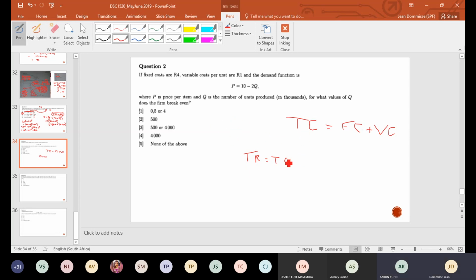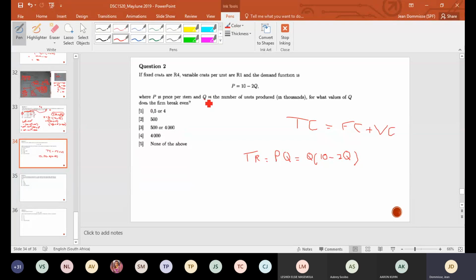So let's quickly, total revenue is again P times Q. And that is nearly the same as the previous question.